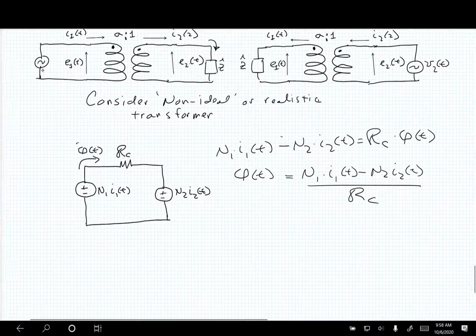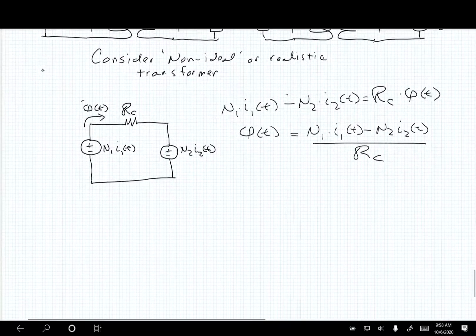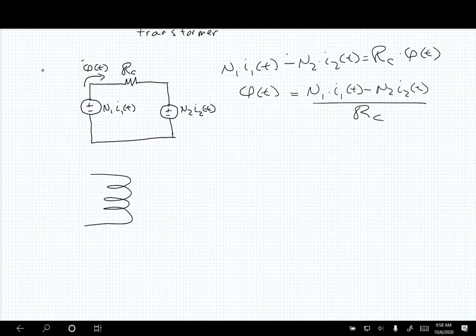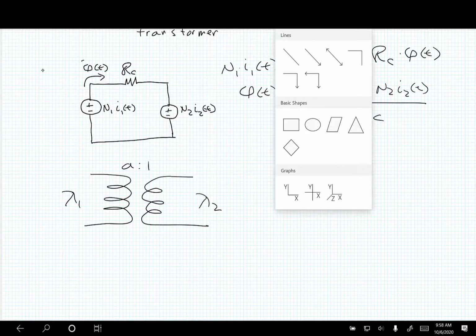And now what I want to do is take the same transformer structure and let's talk about the flux linkages on each side of the transformer.